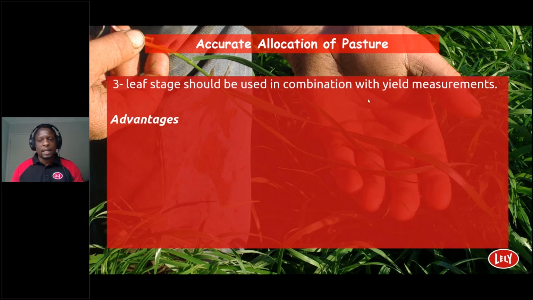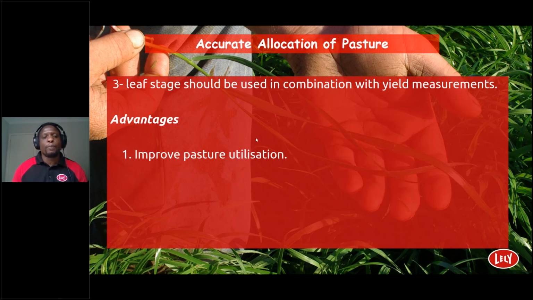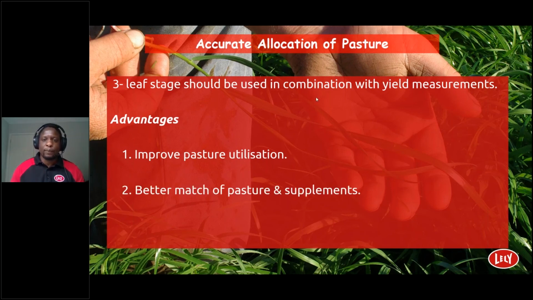So, what are the other advantages of accurately allocating your cow's pasture? I know Briar has already highlighted some of these points. Firstly, it does improve pasture utilization. And secondly, it helps you to better match your pasture with supplements.